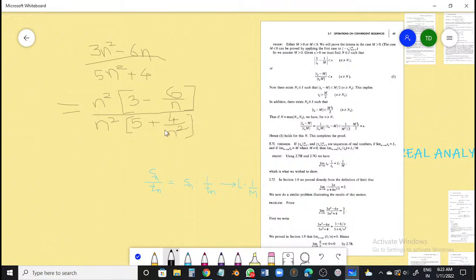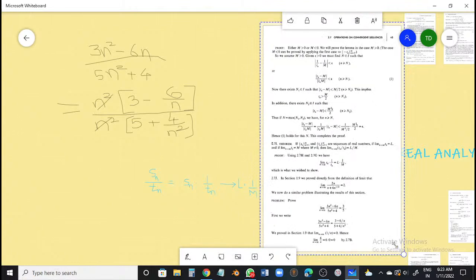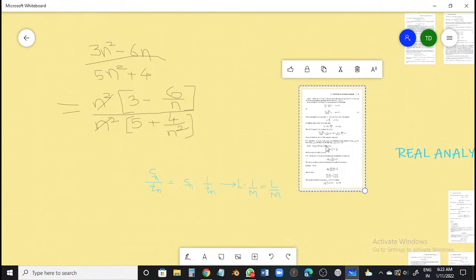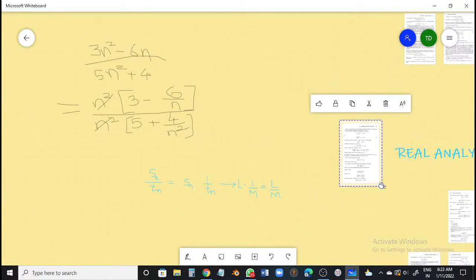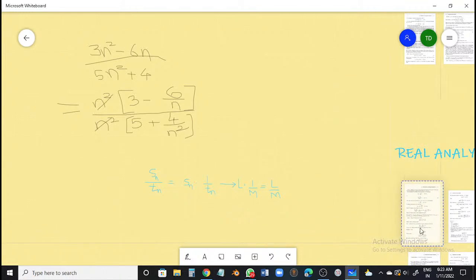And now you are watching this n square is off, and we have just to think of what happens to 3 minus 6 by n and 5 plus 4 by n square. The same thing that we used to utilize up till now, we will be handling.